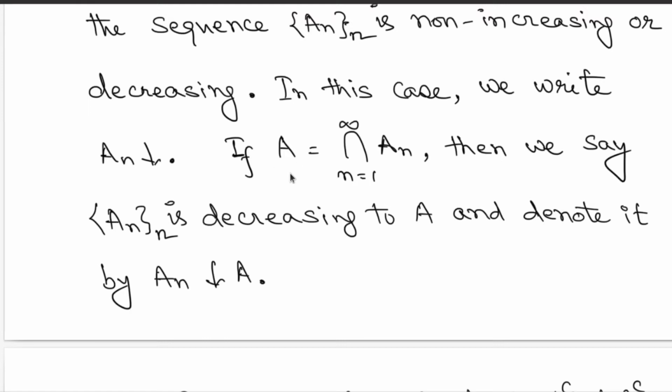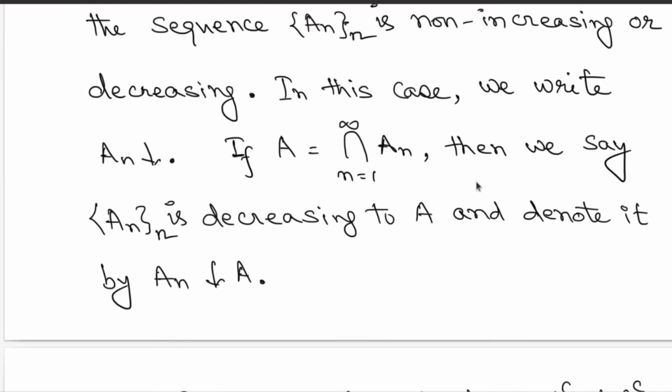Then we are going to say that this sequence A_n is decreasing to capital A. So provided the sequence is decreasing, look at this complete intersection and write that A_n decreases to A or A_n down arrow A. So this simply means that these sets are going to decrease to the complete intersection, this complete countable intersection.